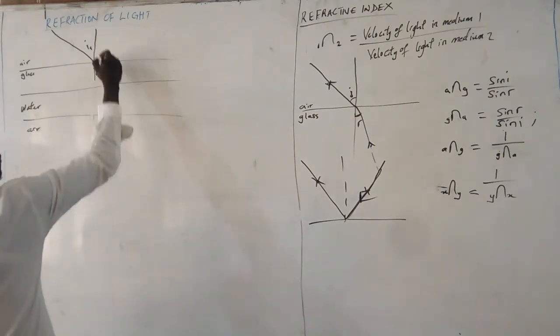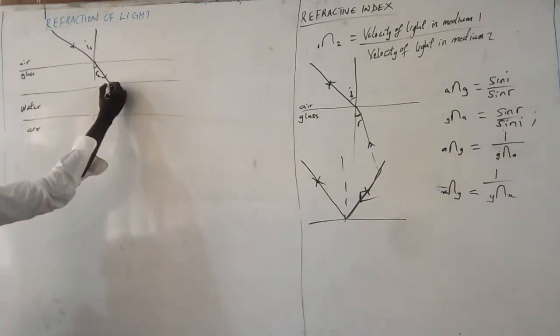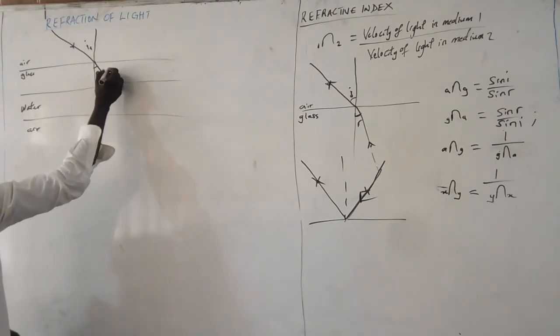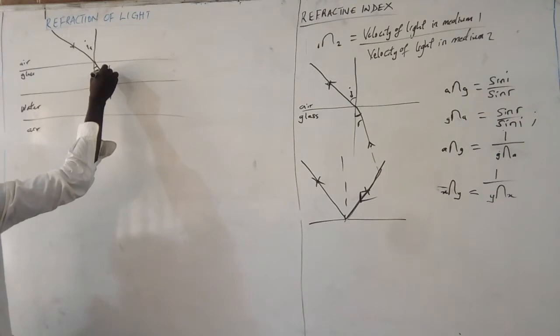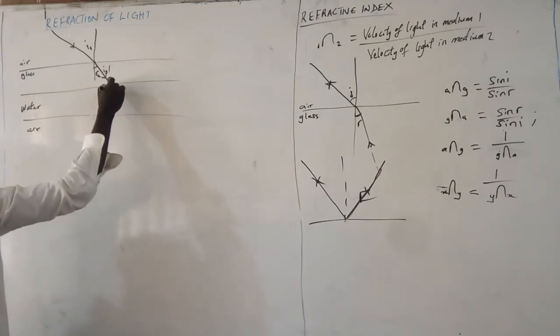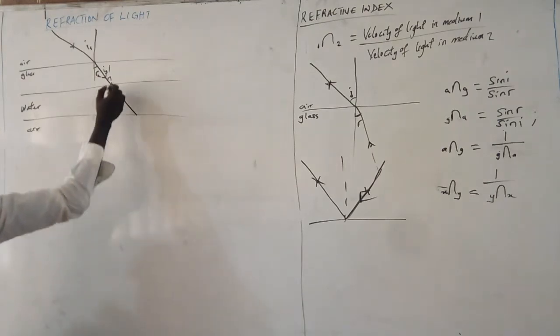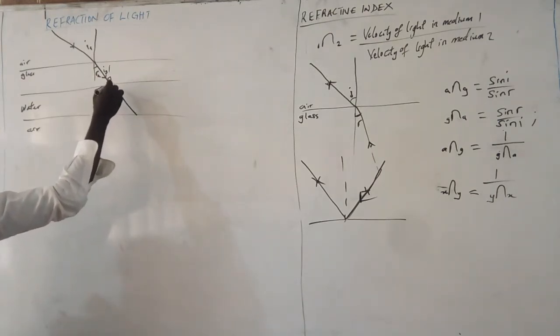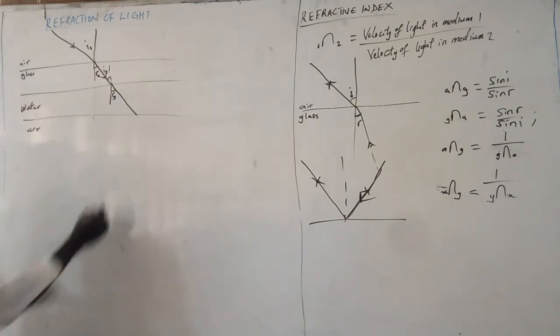Now from this glass, this is now the angle of incidence on the medium, on glass, which we call I glass. Then it will be refracted this way. Let's call the angle of refraction of glass RG.